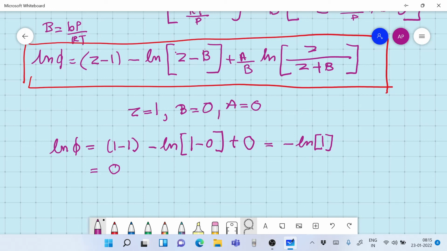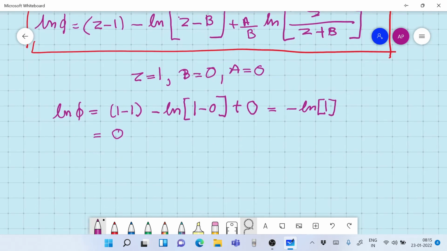Ln of 1 is 0, and finally minus 0, well, that's 0. And then we can write this as ln phi is equal to ln of 1. I could have always taken the minus 1 and raised 1 to the power of minus 1 and written it as ln 1 and proved it mathematically that way.